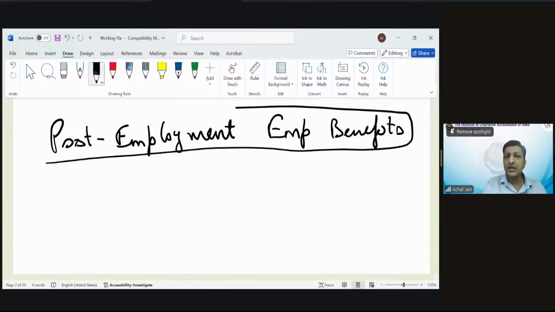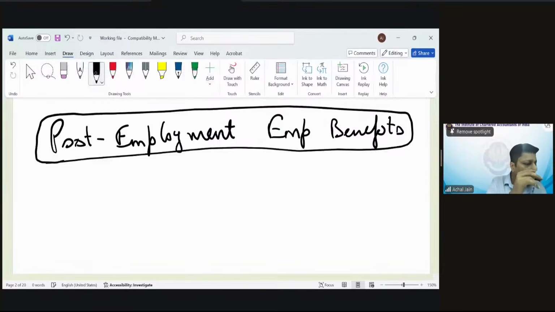Now let's try to understand what are post-employment employee benefits. This particular category happens to be the most important one.